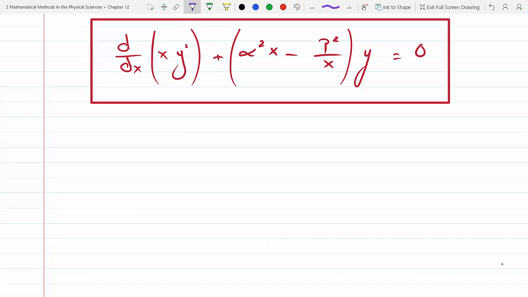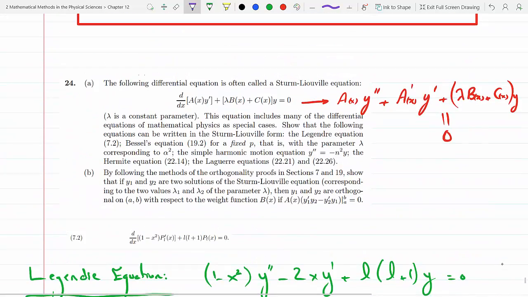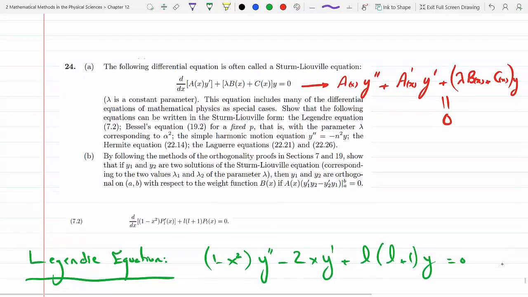Let's go to simple harmonic motion. This equation is clearly y double prime equals minus n squared y. I could move the right term to the left, so I get y double prime plus n squared y equals 0. I can compare this to my red equation and read off my coefficients.